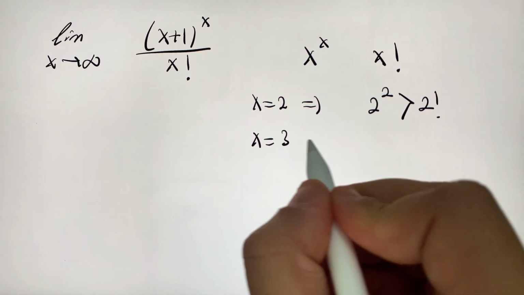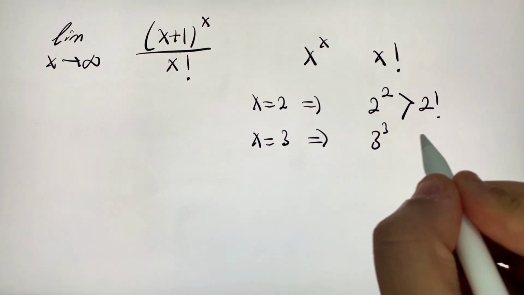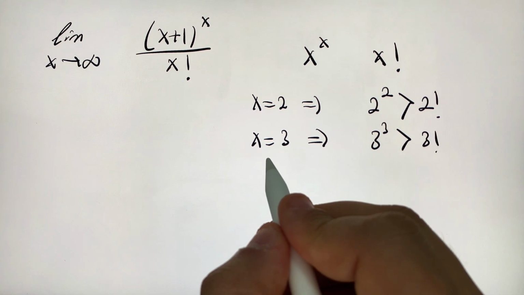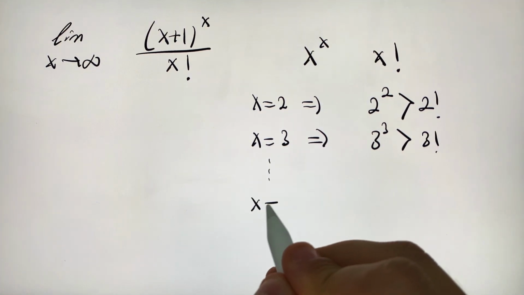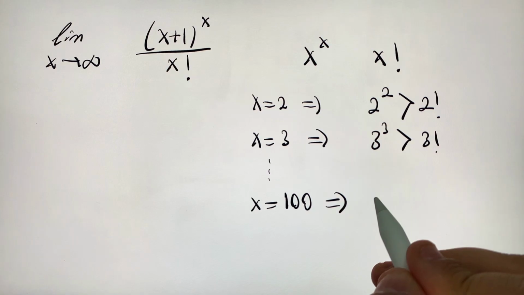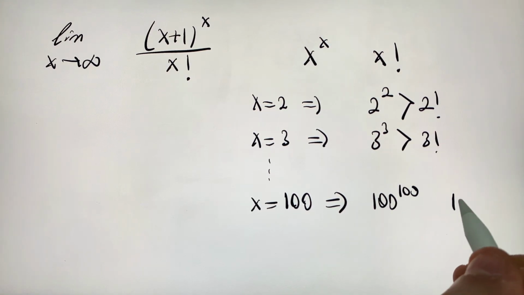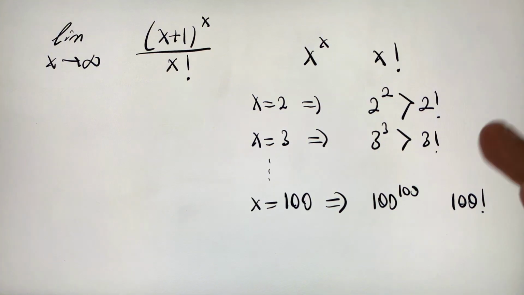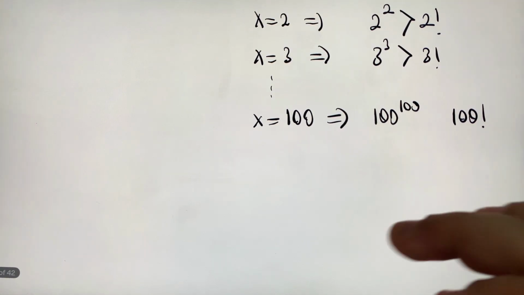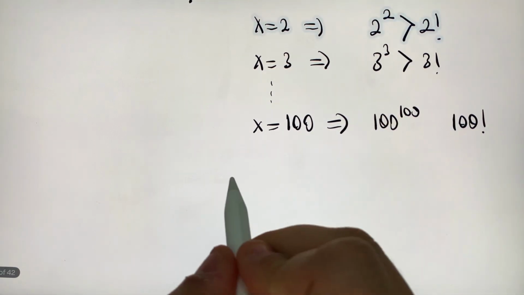X equals 3: if we look at 3 to the 3 and 3 factorial again, we can show it's bigger. Let's say x equals 100: 100 to the 100 and 100 factorial. Of course, this will not be a proof, but to express it in a more descriptive way, look at what it actually says here.